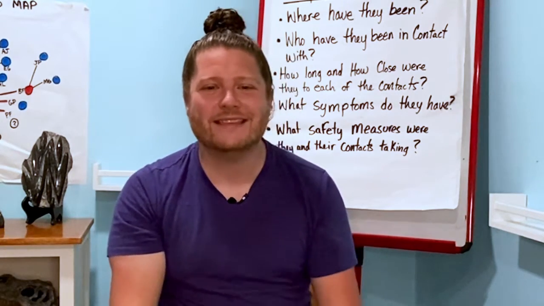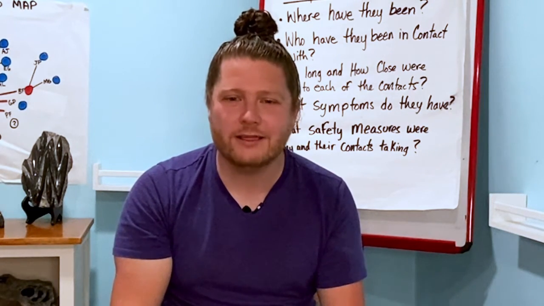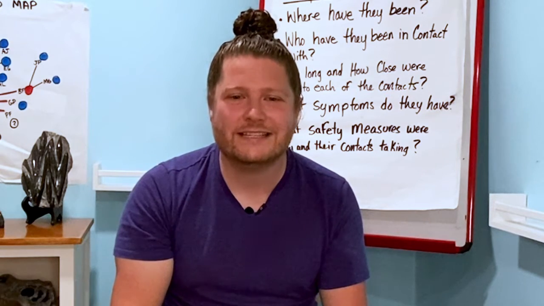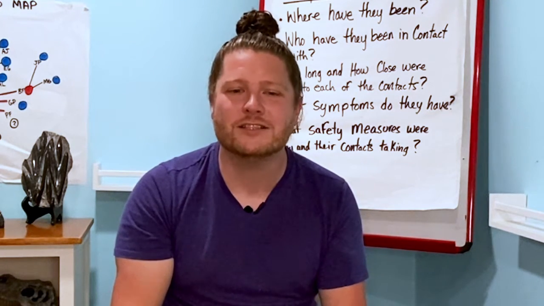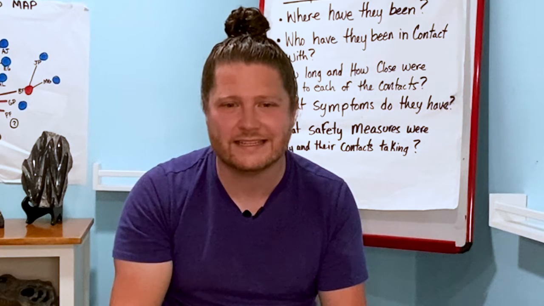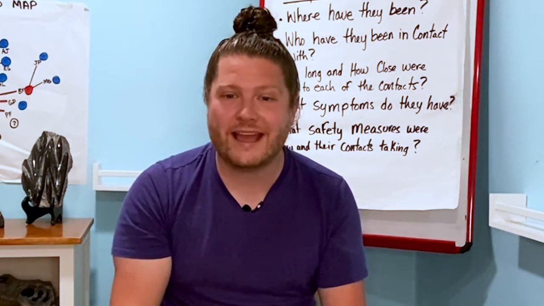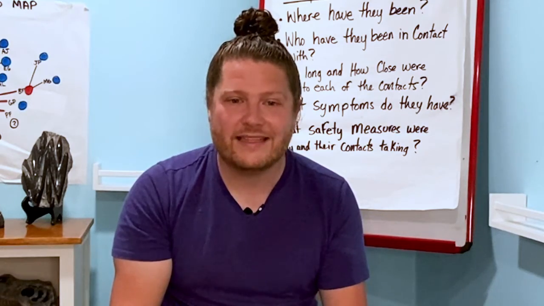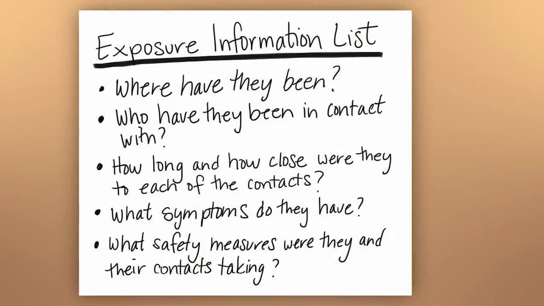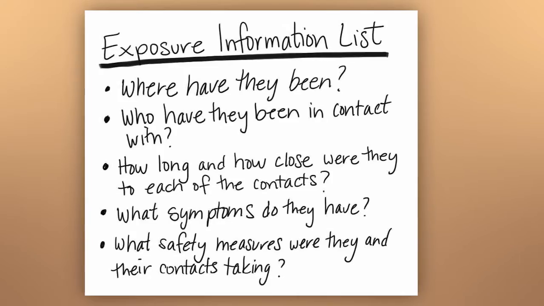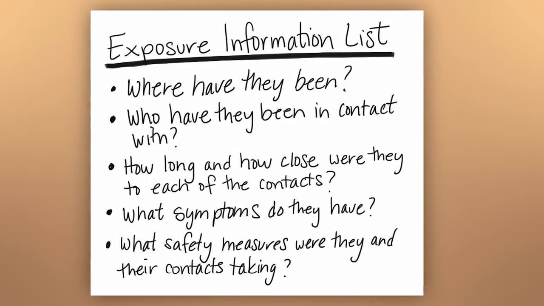Right off the bat in this lesson, students create a list of information they would need to know to understand how they can slow the transmission of a disease. Students first share their ideas with a partner, then create a class list that will help understand what information we need to understand how the disease could be spreading.